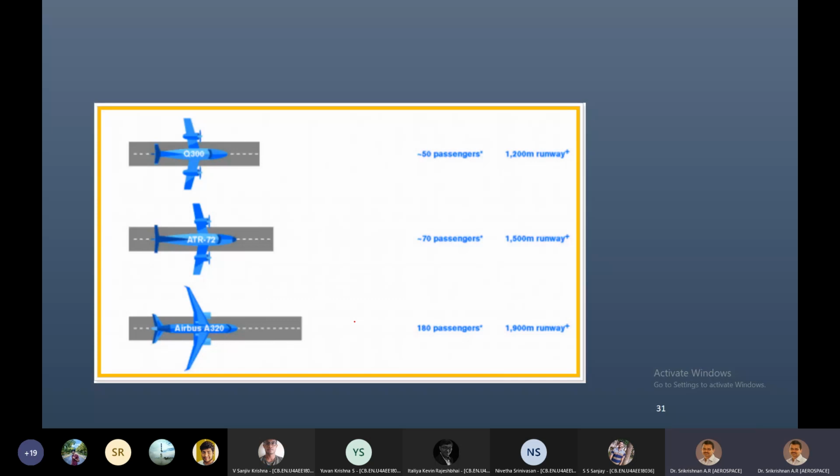Small aircraft, 350 passengers, the runway requirement is given as 1,200 meters. ATR 72. ATR 72 is one of the most frequently seen propeller engine aircraft, which is quite common in India, where for shorter routes you could often come across an ATR 72.